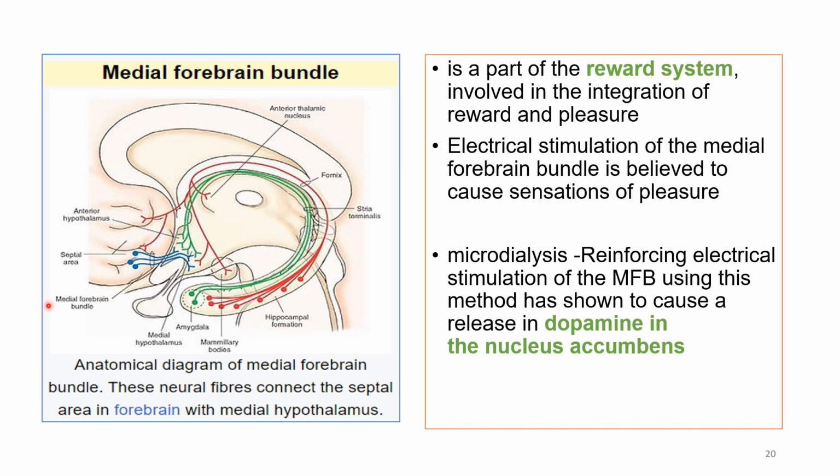Here you can see the medial forebrain bundle. It is a part of the reward system and is involved in the integration of reward and pleasure. Electrical stimulation of the medial forebrain bundle is believed to cause sensations of pleasure. Microdialysis shows that reinforcing electrical stimulation of the medial forebrain bundle using this method causes a release of dopamine in the nucleus accumbens.